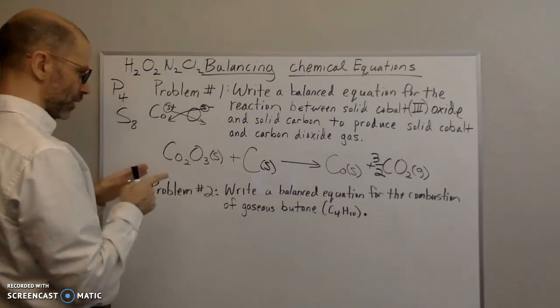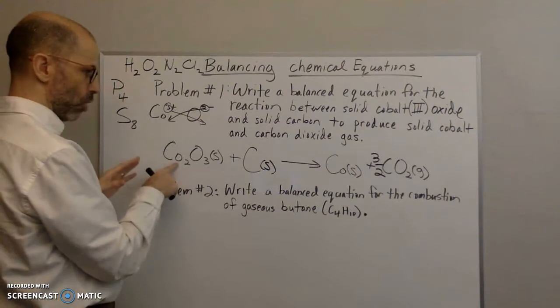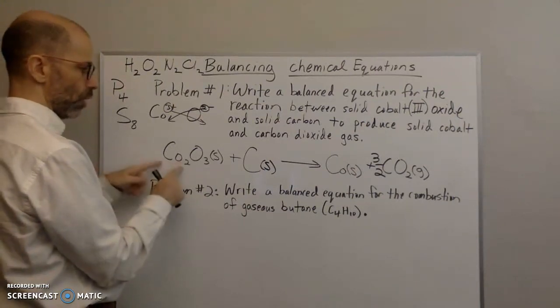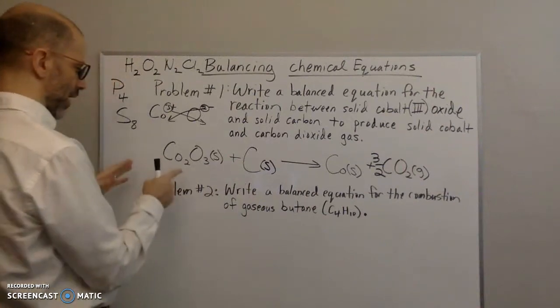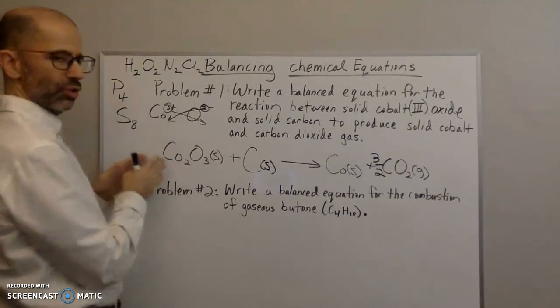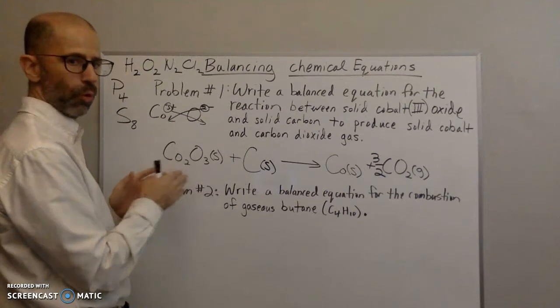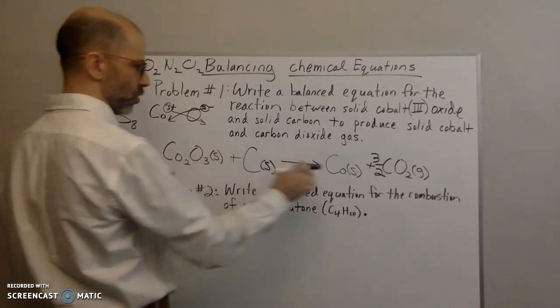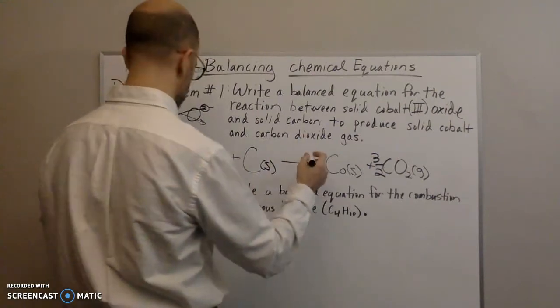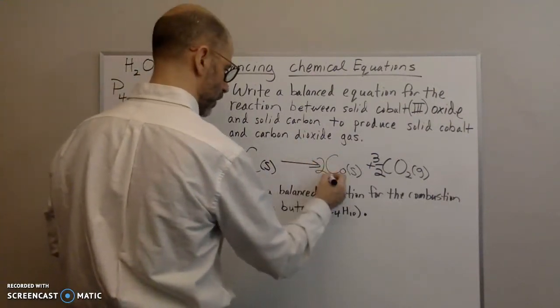But now let's see. So I have cobalt. Let's do cobalt first, and then carbon last. You usually want to do metals first before nonmetals. So I have 2 cobalts here and I have 1 there. So I can put a 2 here.